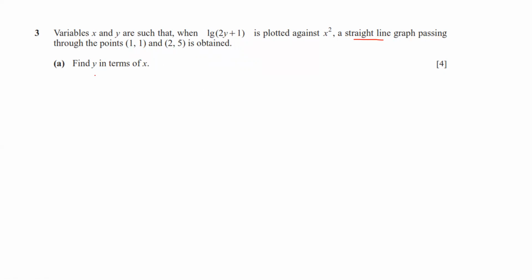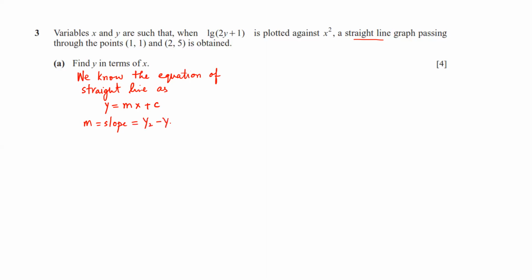Okay, so we know that the equation of a straight line is y equals mx plus c, where m is the slope between the 2 points, and the slope is given as y2 minus y1 over x2 minus x1, given that these are two different points.